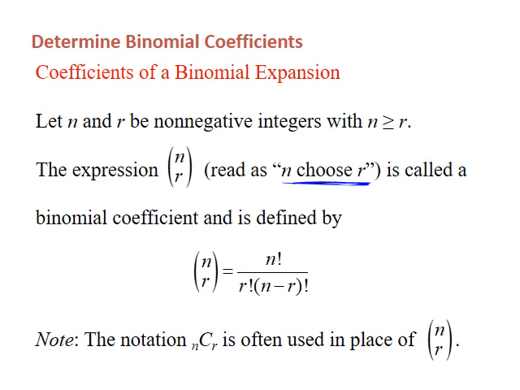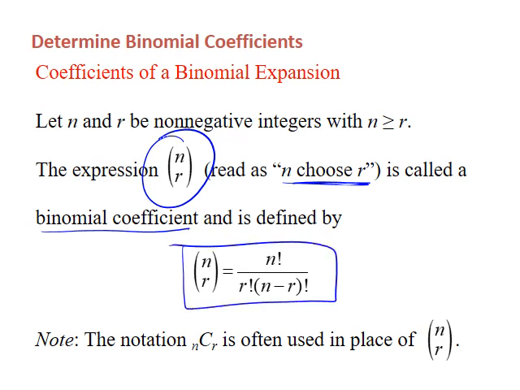Now this n choose r with this notation represents the binomial coefficients, and it is found by this formula here. So we've already talked about factorial, so we'll take n factorial divided by r factorial times the difference of the two factorial.